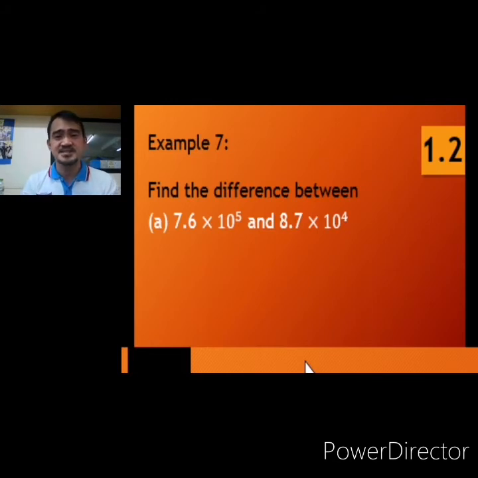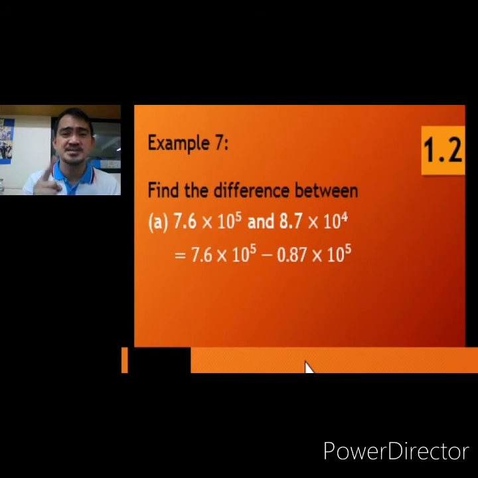Since 4 is less than 5, we need to change 8.7. Okay? So that would be 7.6 times 10 raised to 5 minus 0.87 times 10 raised to 5.